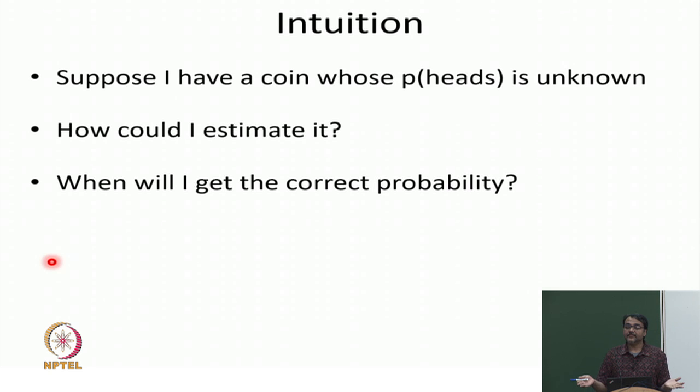The obvious question. When will I get the correct probability for this? When I sample lots and lots and lots of times, in the limit the number of samples tend to infinity, right. So, we now have a simple approximate procedure to sample probability of heads.